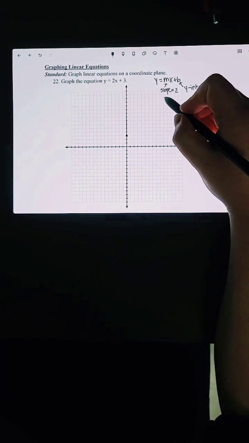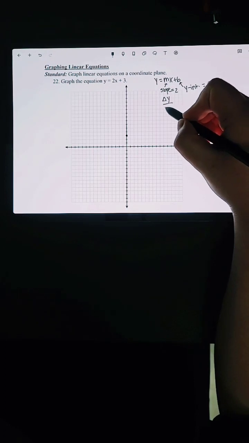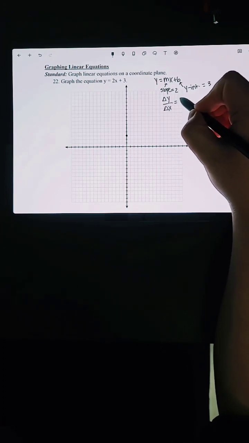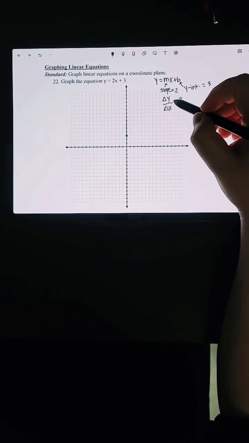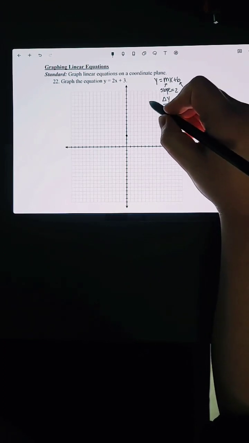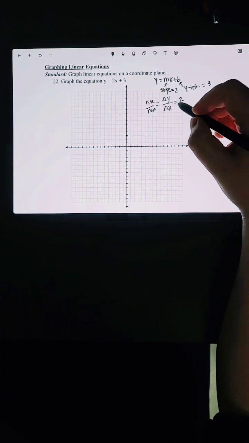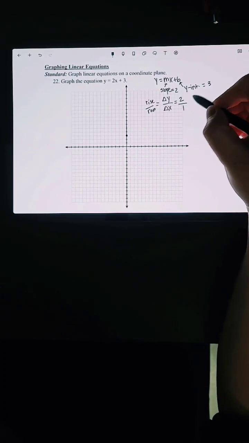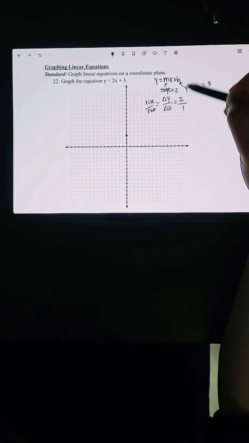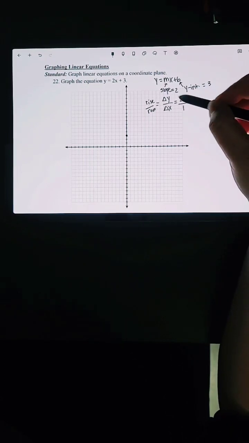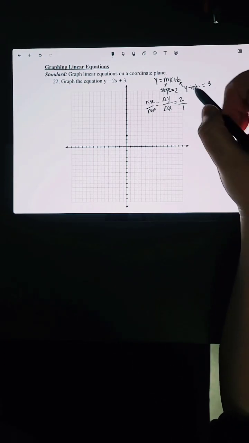Now slope tells me the change in y over the change in x has to be equal to 2. You might also know this as rise over run. So I'm going to put that also for people. Now 2 is the same thing as 2 over 1, and that makes it a little easier to visualize what we're going to be doing with our slope. So the slope here tells me y is changing by +2 and my x is changing by +1.